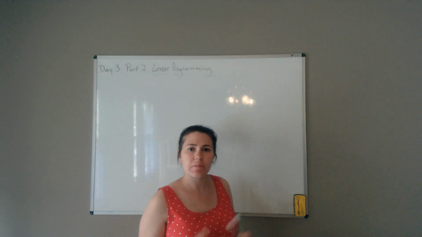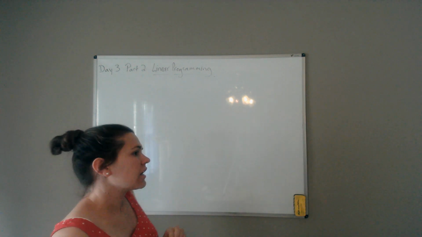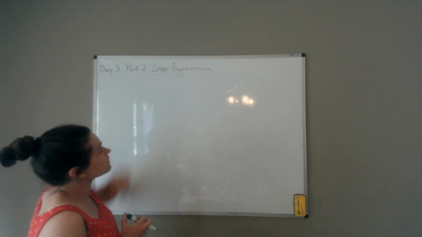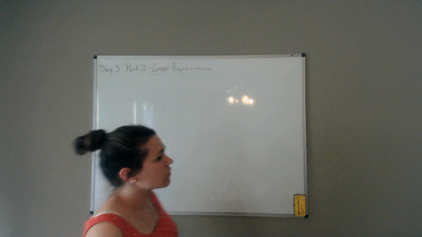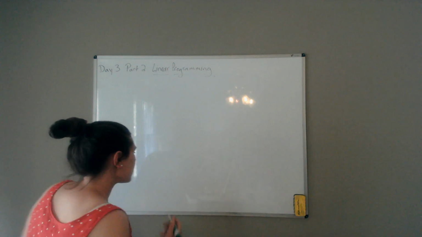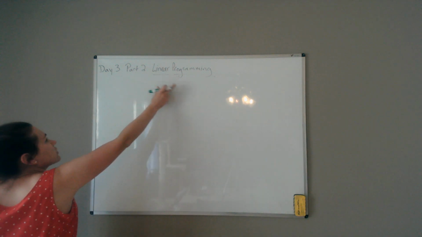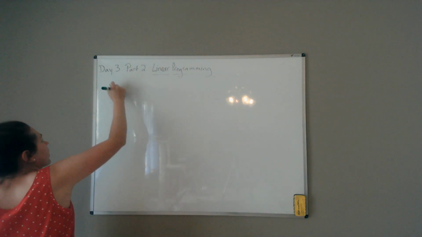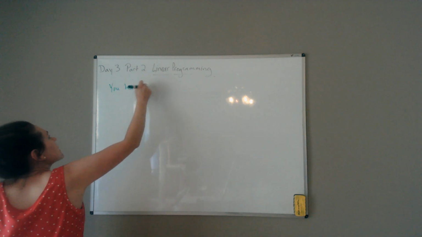And so now we're going to learn about what is linear programming. And it's one of my favorite topics to work on, okay? So linear programming indicates linear, okay? So what we're working with is going to be linear. And when you are dealing with linear programming, you have a problem, okay?